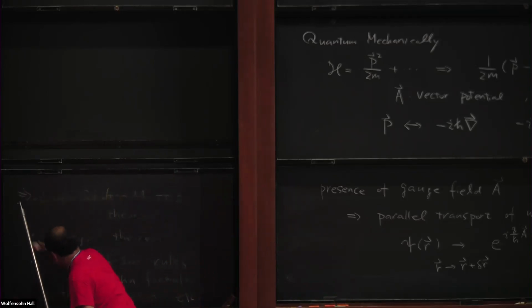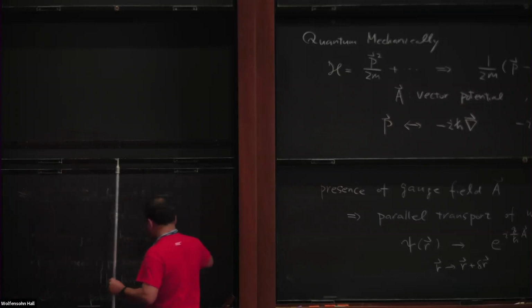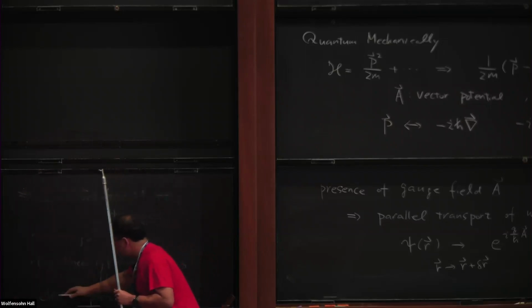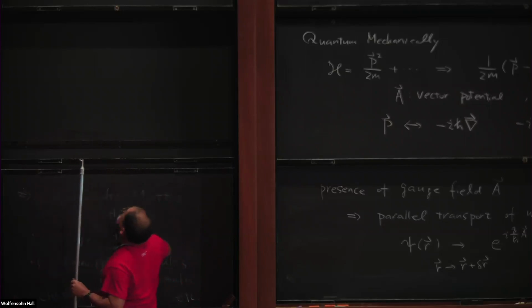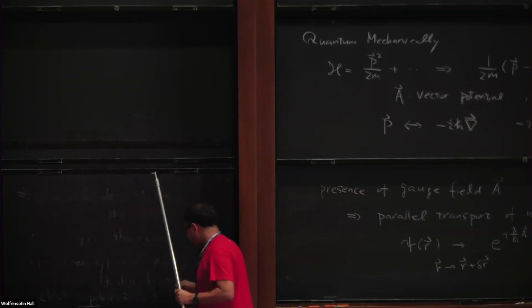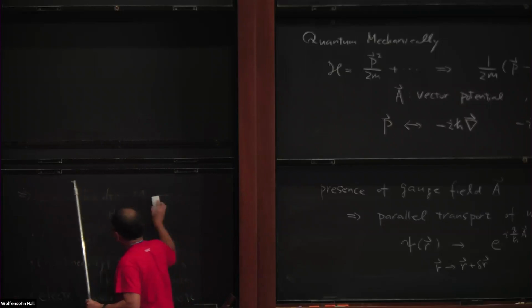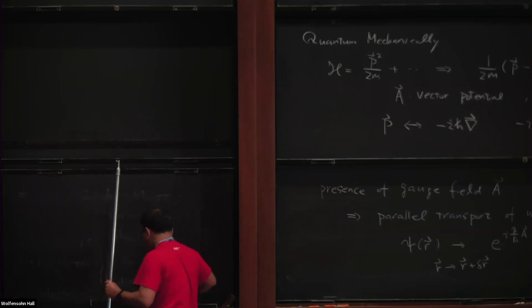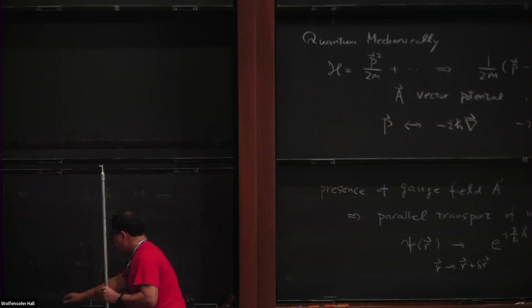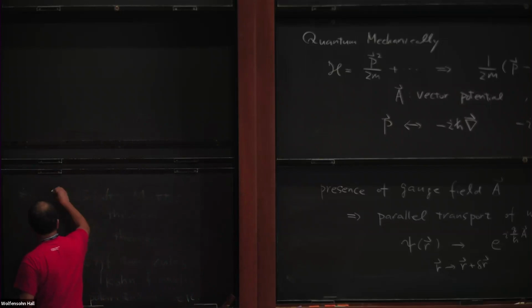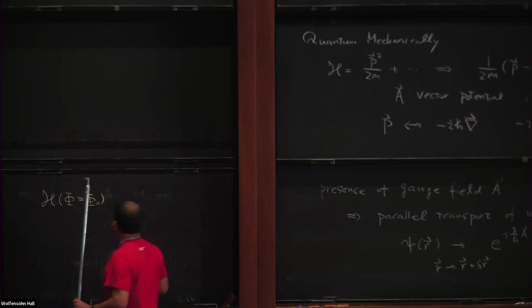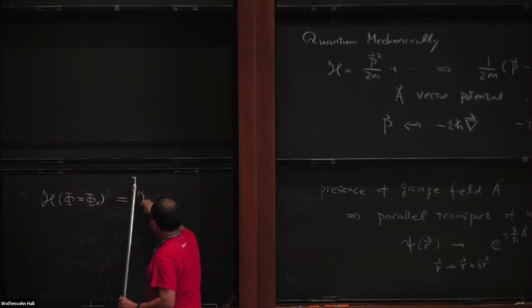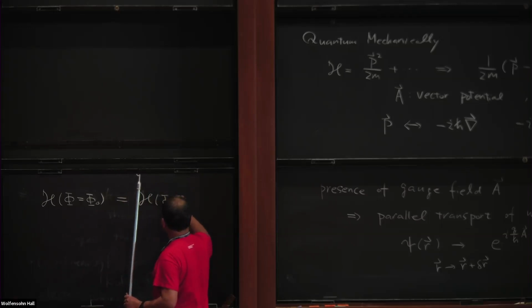And one of the consequences of this absence of AB effect is the identical energy spectrum. So then it might look tempting to associate the Hamiltonian at unit flux quantum and the Hamiltonian with zero flux.